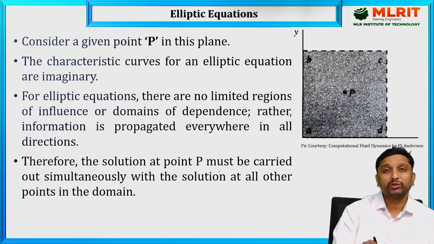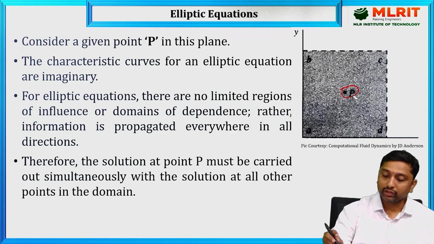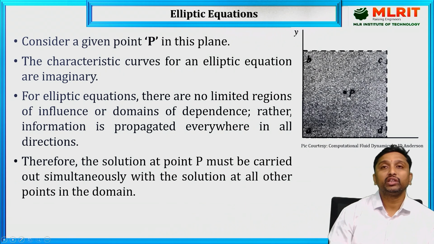The solution must be carried out simultaneously, because the input values can be influenced by the presence of the disturbance, because the disturbance is propagating everywhere. Because of that, the solution cannot be a time marching solution; rather, it has to be carried out simultaneously, and it requires more iterations when compared to the earlier two natures of equations.